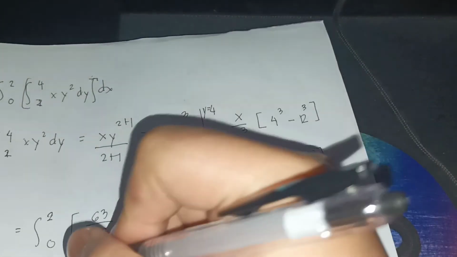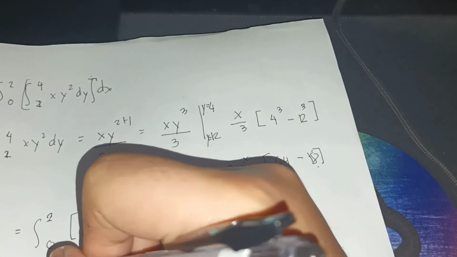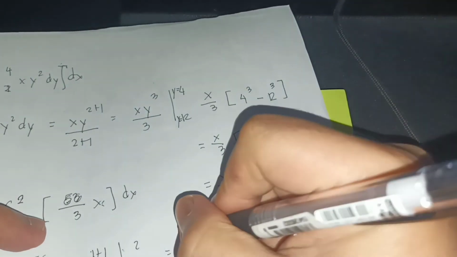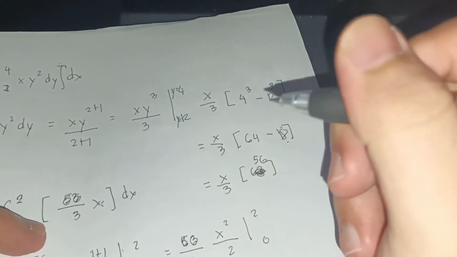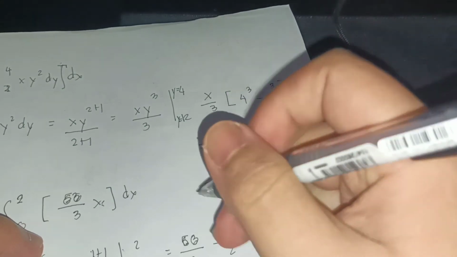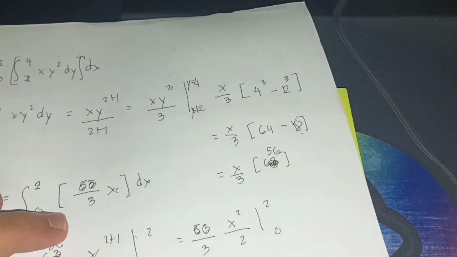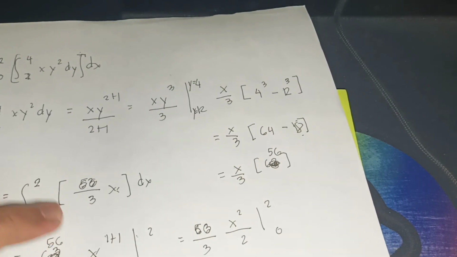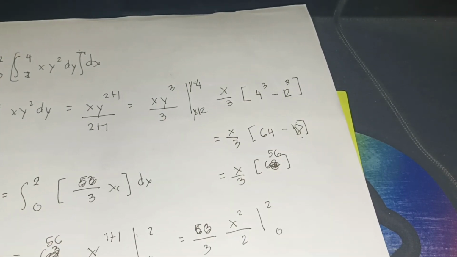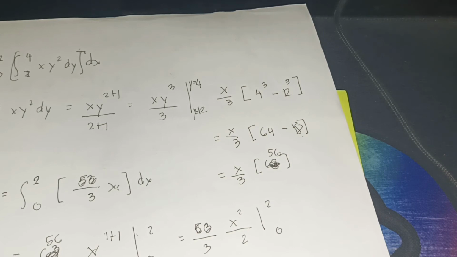So instead of 63 here, this is 56 now. Also change this into 56. And then we have 56 divided by 2, which is 28. We have 28 over 3 here.